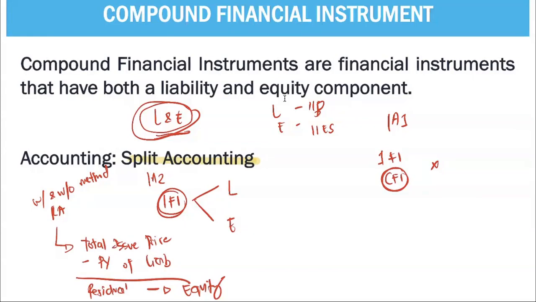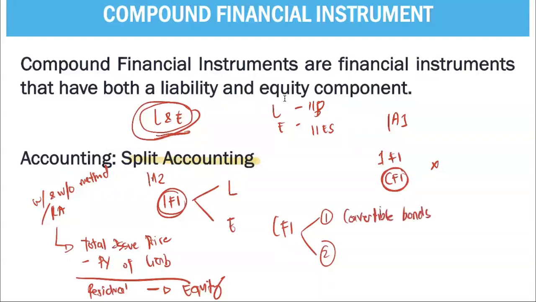That's why it's called the with and without method and the residual approach. So again, your split accounting under your compound financial instruments for your liabilities is called the with and without method or residual approach. Now, when we talk about compound financial instruments, we have two of them. First, of course, is your convertible bonds.